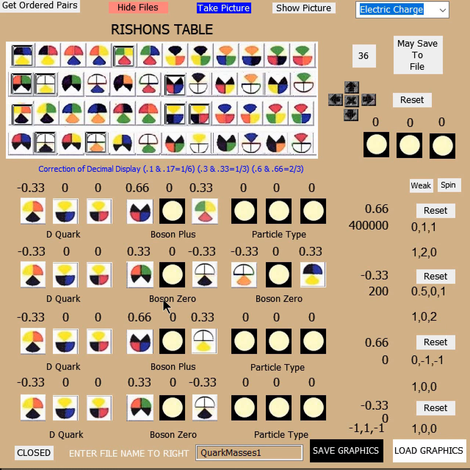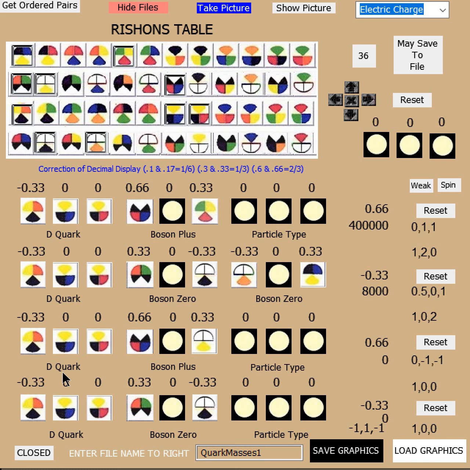So we actually will have a mass factor for this boson 0 of 2, and 2 times 200 gives us 400. Then here we have a boson 0 that is carrying a combinatorial value, in this case 20, and 20 times 400 will give us 8,000 electron units for the bottom quark.